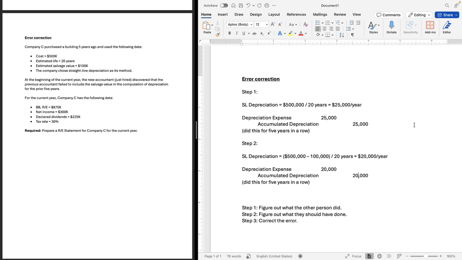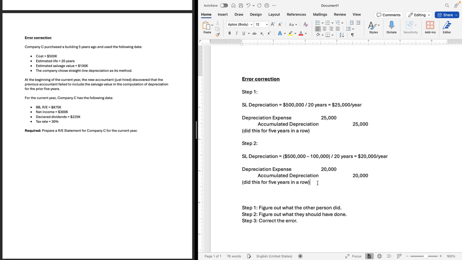So if we think about this, we can see that the error here is that they put too much money into depreciation expense and too much money into accumulated depreciation. The accountant was putting 25,000 a year instead of 20.